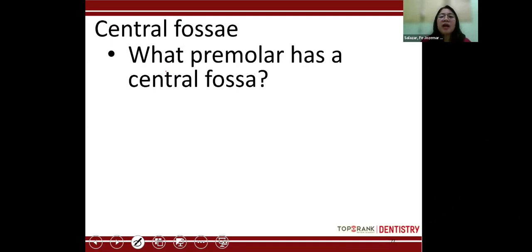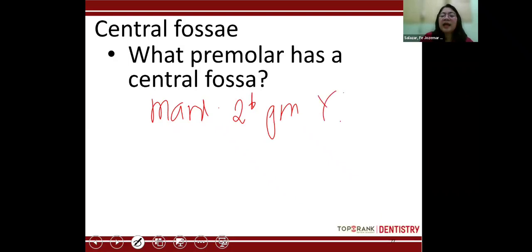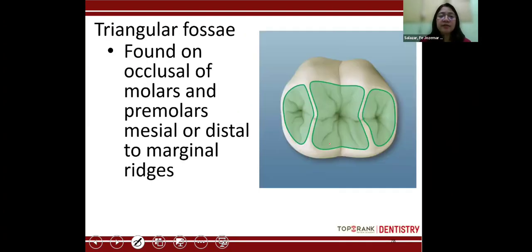Anong premolar ang may central fossa? Yes, very good. Mandibular second premolar, Y-type only. Yung H at yung U, wala rin silang central fossa.